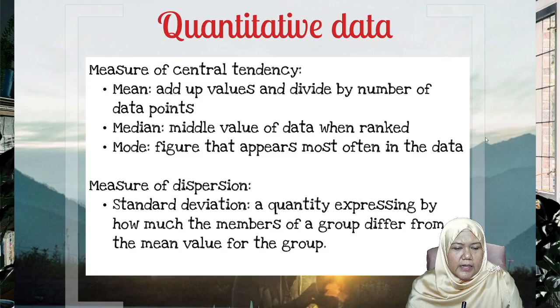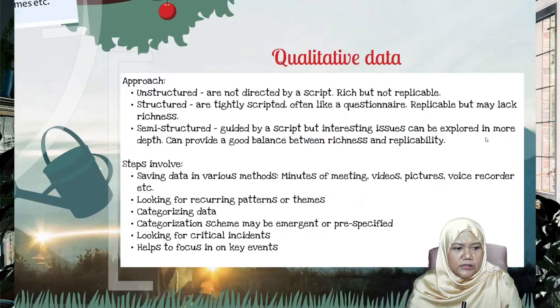And we also use measures of dispersion, for example standard deviation, especially if we want to compare two types of quantitative data. So we need to normalize the data first in order to compare it, so we use standard deviation. That is for quantitative data.